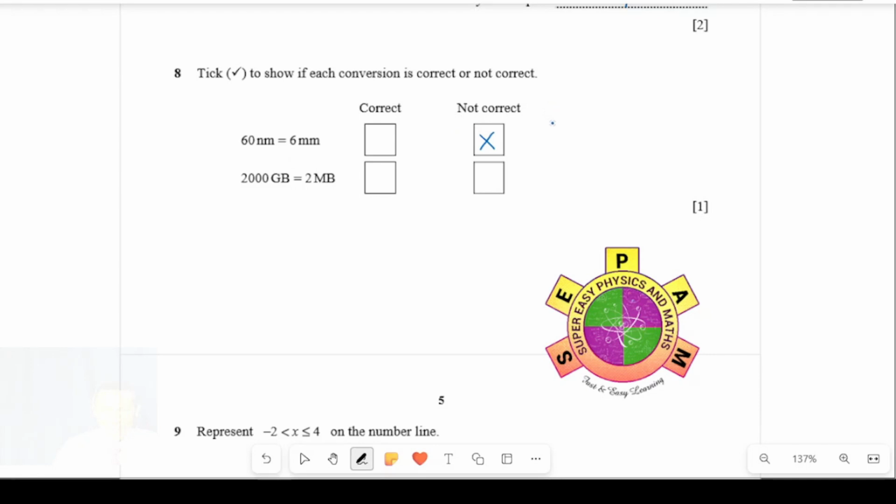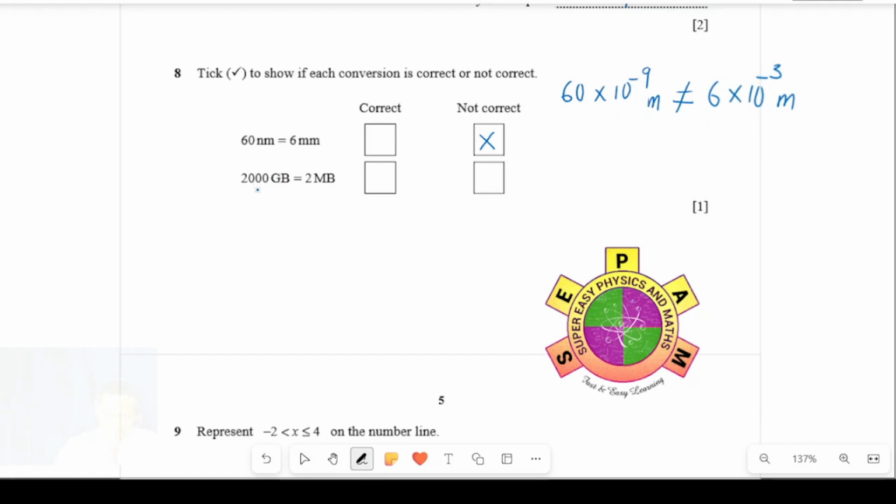Let me explain. 60 nanometer is 60 times 10 raised to power negative 9 meter. And 6 millimeter is not equal to 6 times 10 raised to power minus 3 meter. So the powers are not equal, so they are not equal.